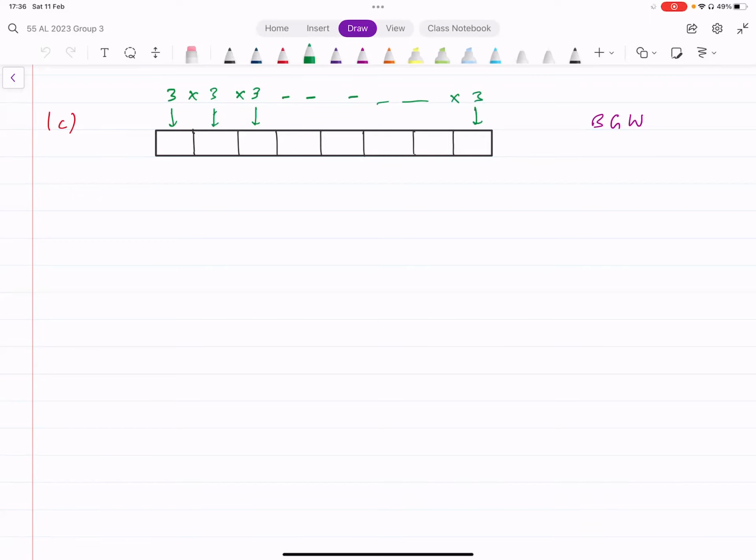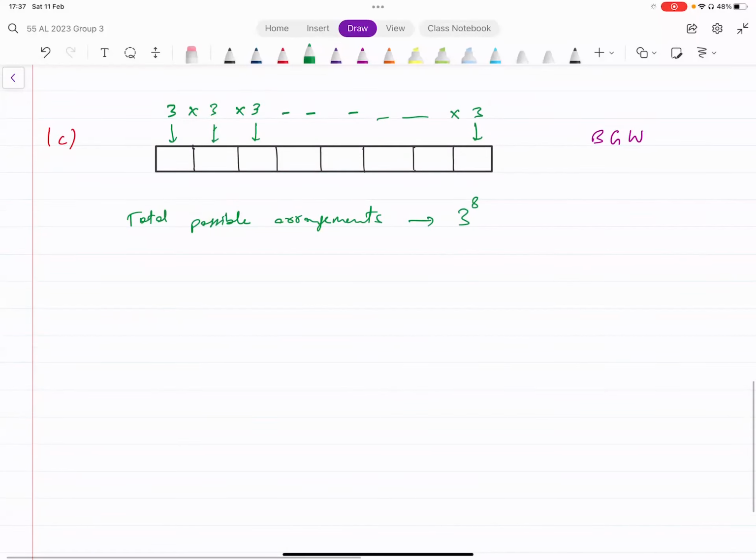This becomes 3 raised to power 8, which is some number. So we can say the total possible arrangements. What's that? That is 3 into 3 into 3 into 3, 8 times. So that's 3 raised to power 8. That's the total possible arrangements, if there were no restrictions.